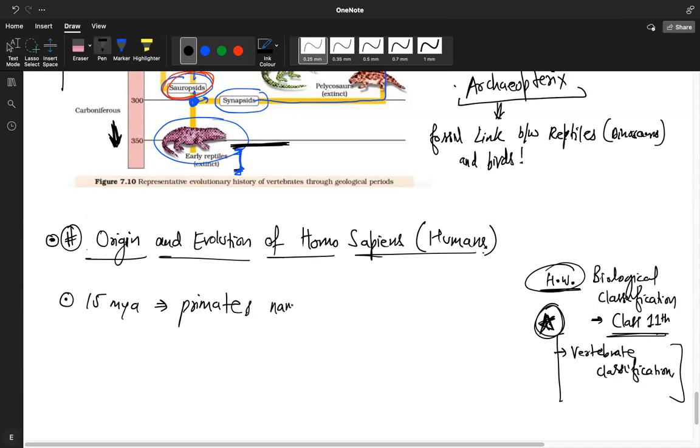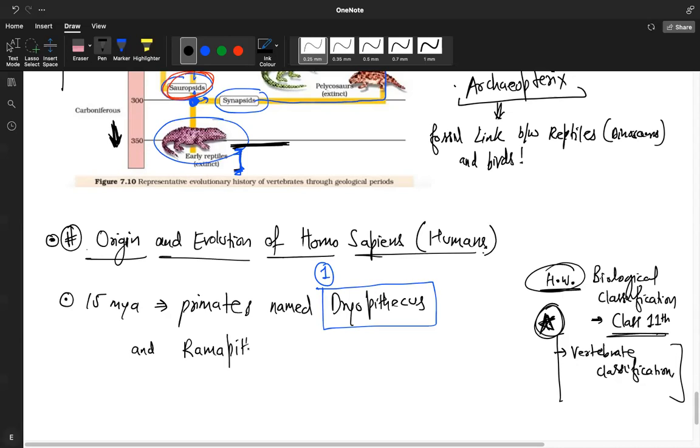But they were primates named Dryopithecus. I'm putting everything in the box here. So Dryopithecus is believed to be the first, along with Ramapithecus. And pay attention here that there is no Homo in the name, right?